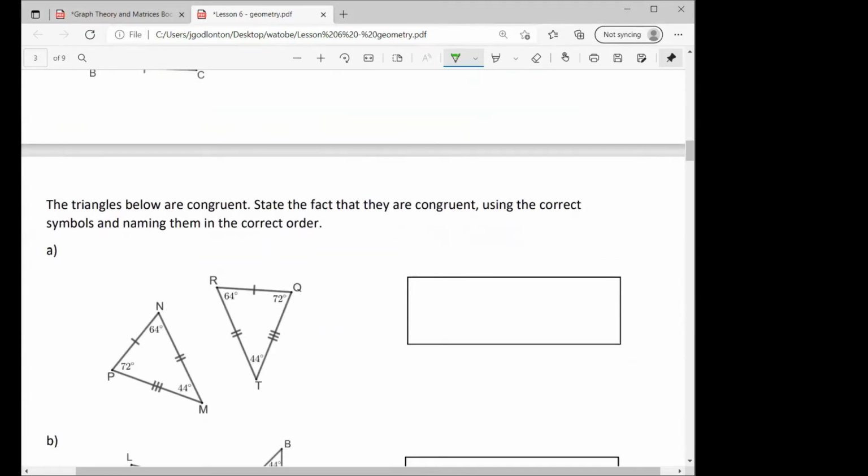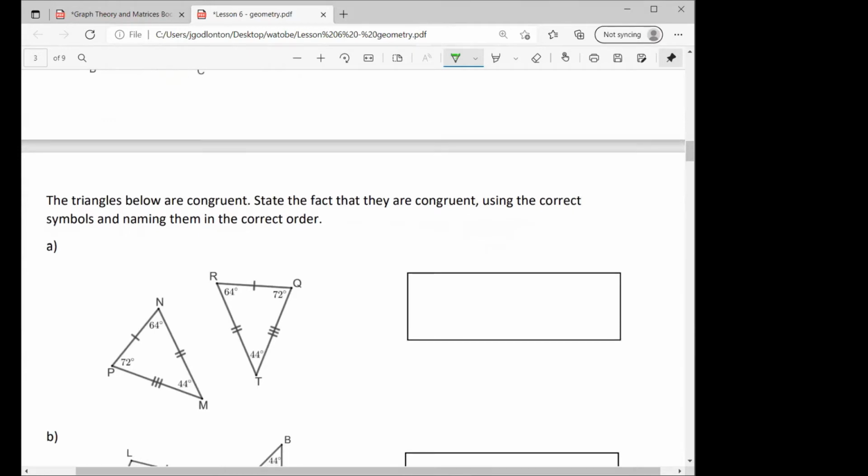Okay, try another one. Try A for me. Let's try everyone to get this one right. Look at them carefully before you write anything.